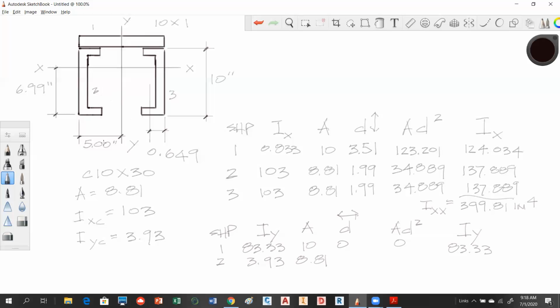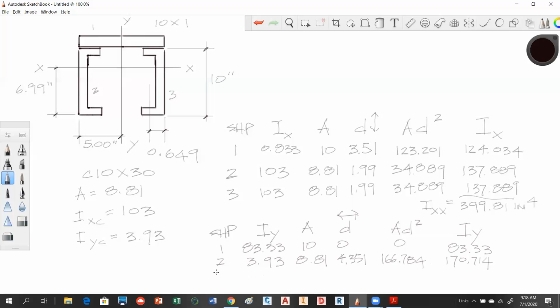So if we subtract that from 5, we should come up with 4.351. Square that times that gives us 166.784. So because of that distance of separation, it's actually generating a lot more stiffness. So when we add these two together, we come up with 170.714.